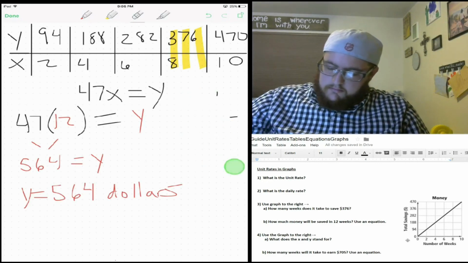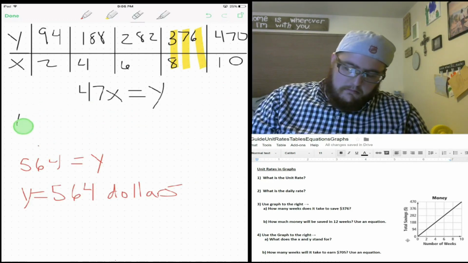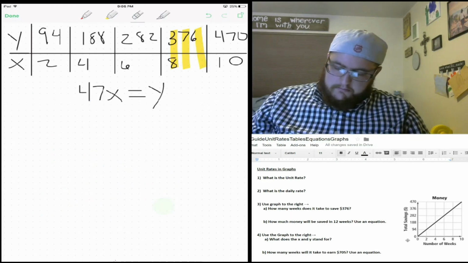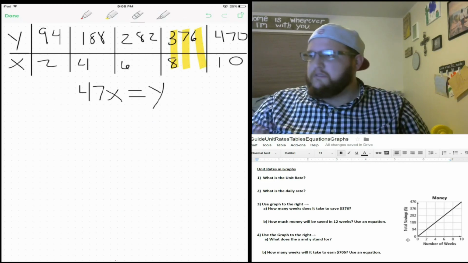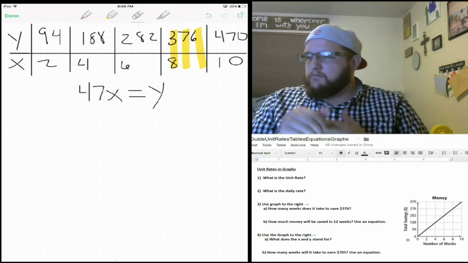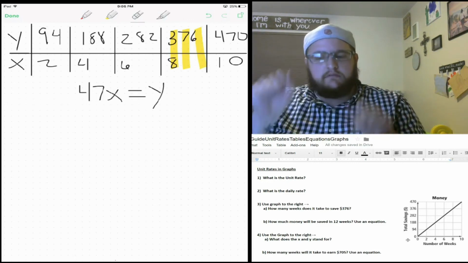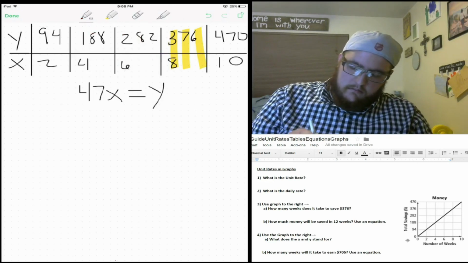So B says, how many weeks will it take to earn $705? Use an equation. Well, we've got an equation already, but this one's a little bit different. This doesn't tell us how many weeks, but it does tell us that we're going to have $705.